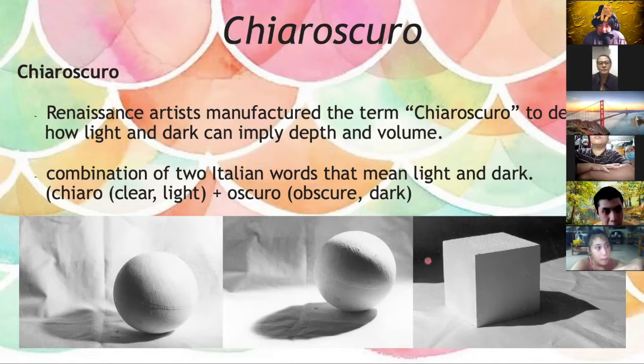So same with the cube. Syempre mag-iiba ang itsura ng shading depending on the surface of your subject. In this case, this cube has flat sides, right? So yung shading niya, yung shadow, is just flat.